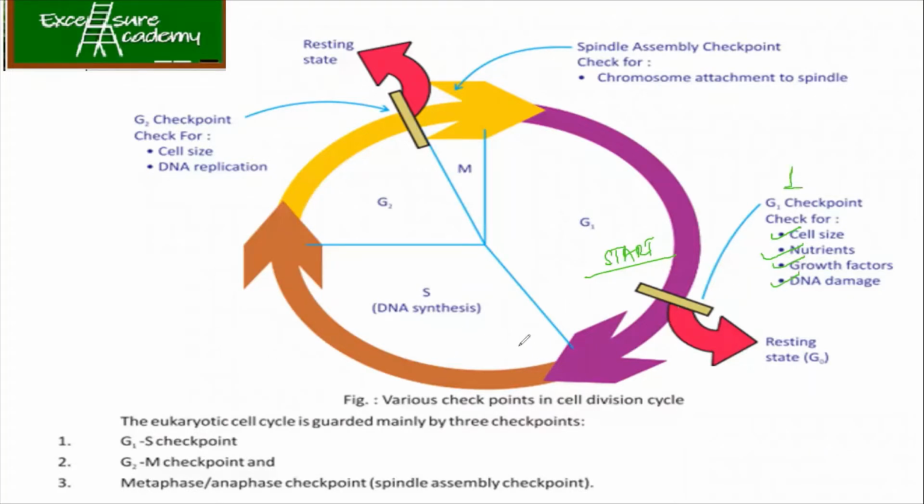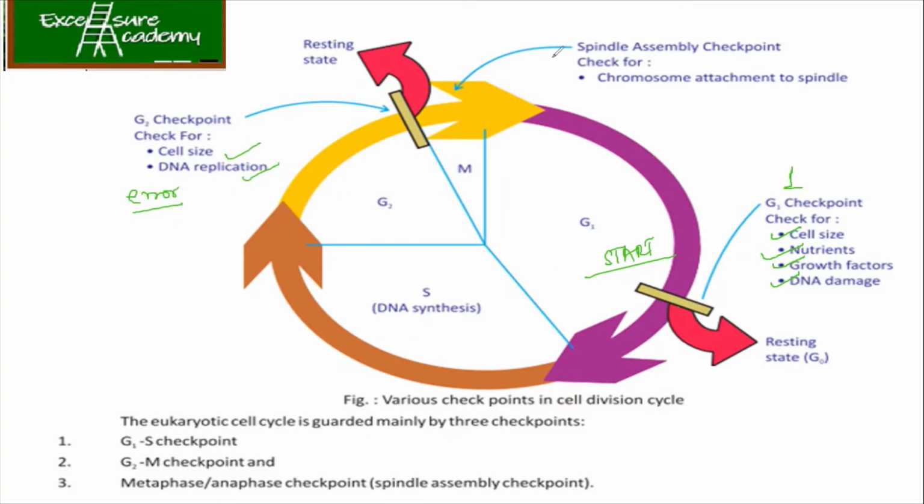Then your DNA synthesis takes place. Then we have the G2 checkpoint. In the G2 checkpoint, again, it will check the cell size and the DNA replication, whether any DNA replication based error has occurred or not. If so, it is going to arrest the cell at G2 and repair.